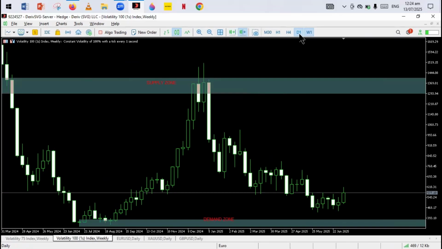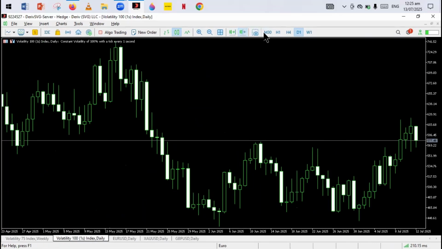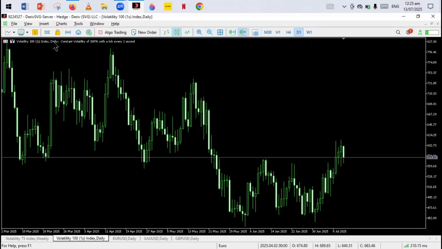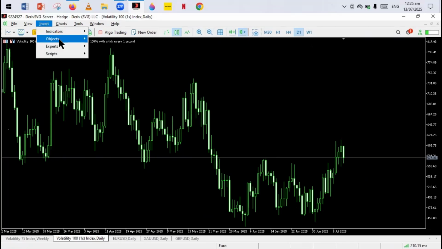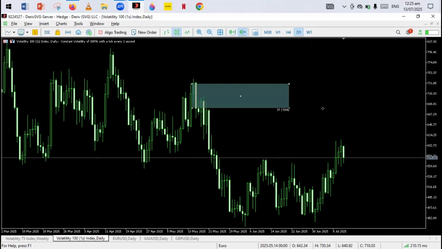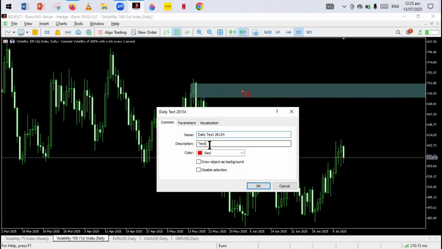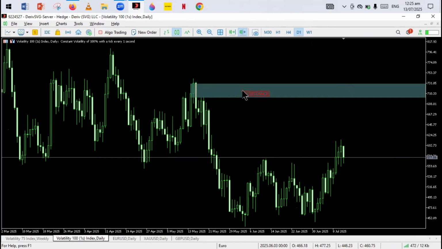However, it's not there. If we go to our daily time frame, you can mark our resistance. That is the resistance, and then we have a support down here.